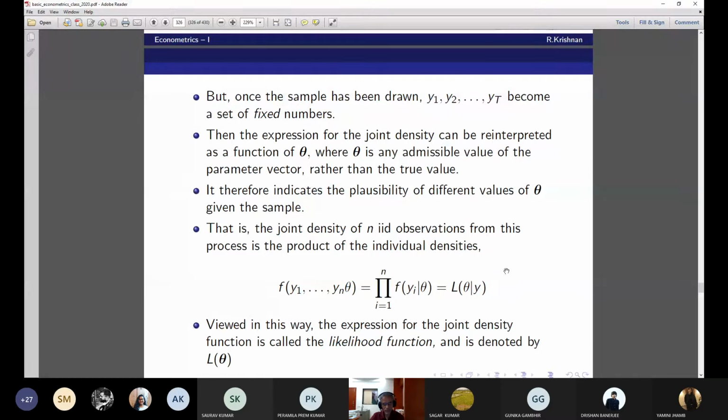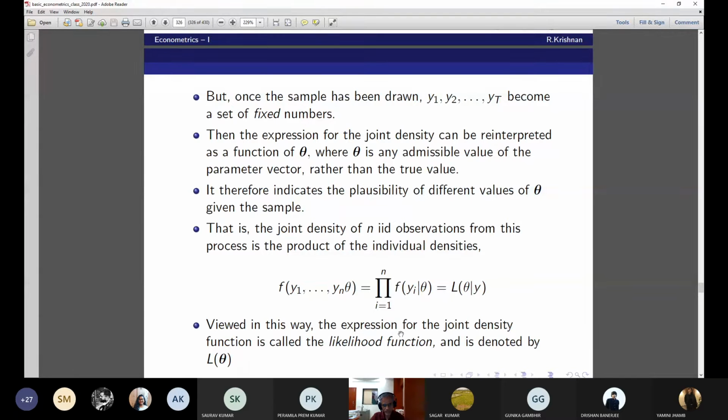The moment you interpret the y's as a set of fixed numbers, our density function is reinterpreted as a likelihood function, where given a set of fixed numbers, our aim is to estimate that parameter vector which is most likely to have given rise to this sample.